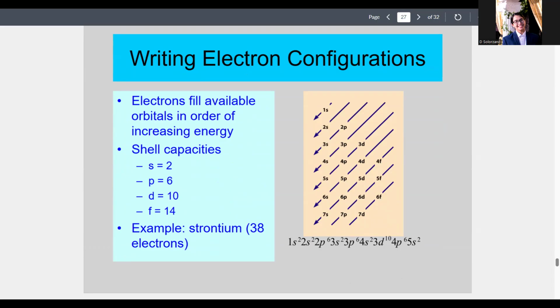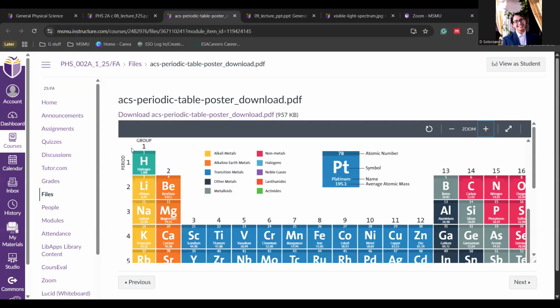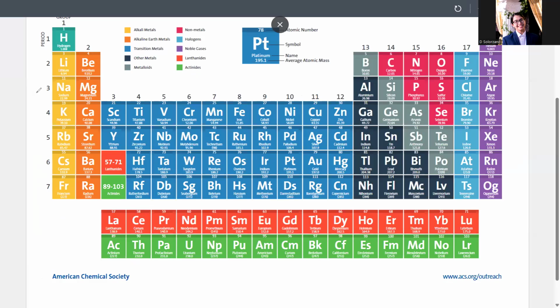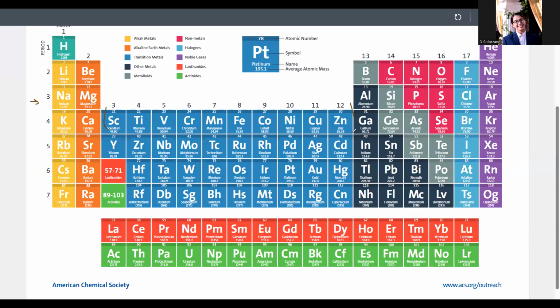So in the example of the periodic table, these all follow the period up until the 3, but then once you hit here, this is actually 3d, and 4d, even though it says 5. But all the rest is the same as I taught you guys.